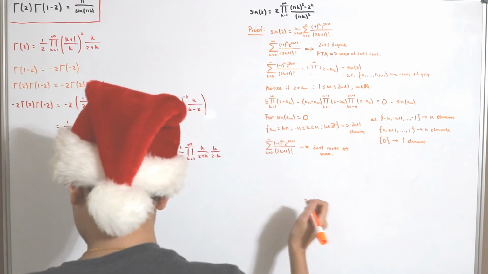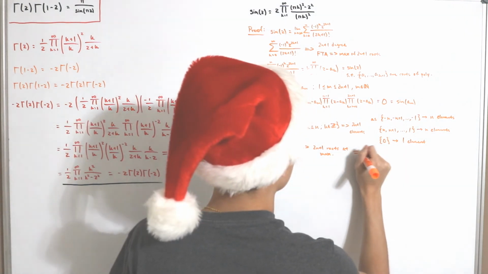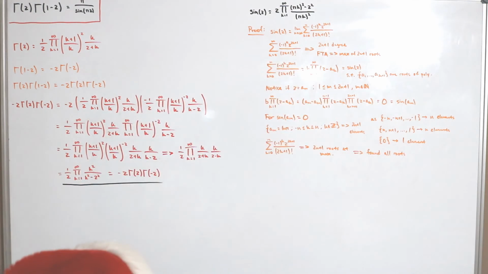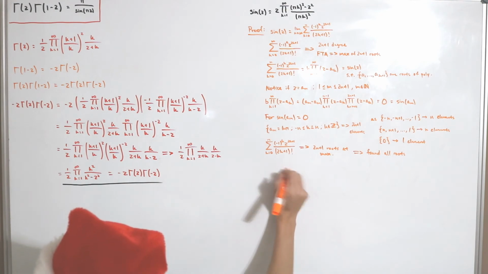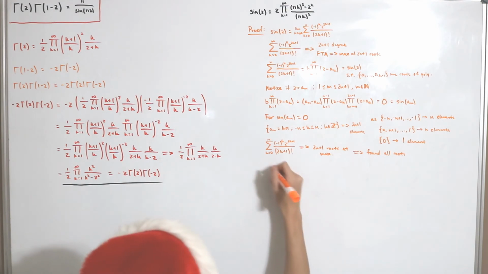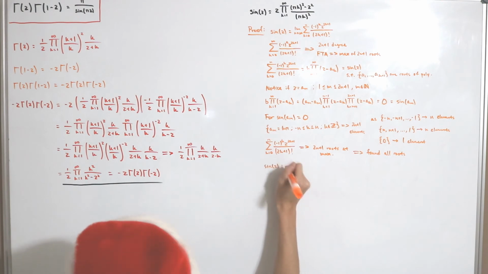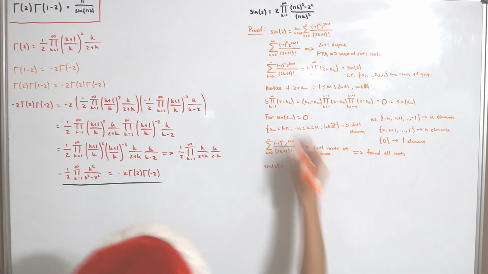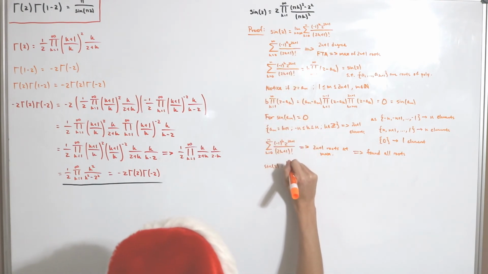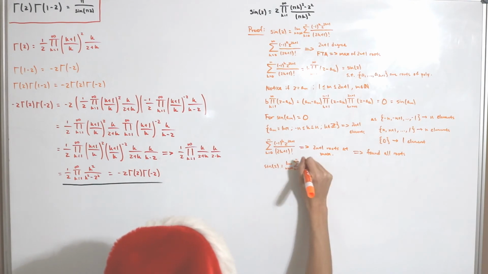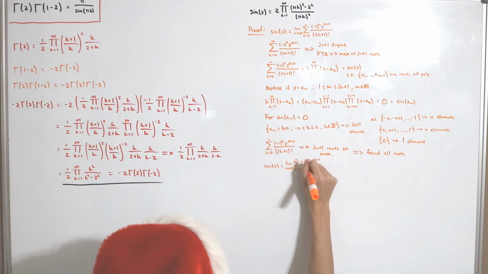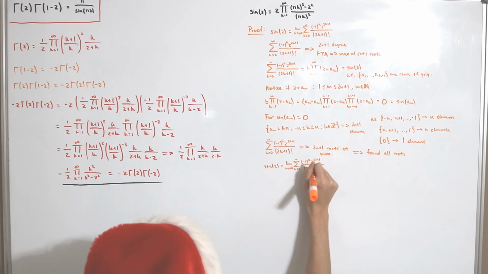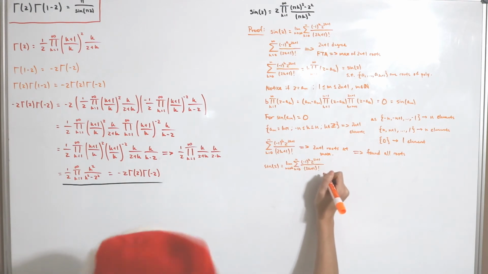And therefore, we found all our roots in conclusion. So now let's keep going, rewriting our sine of z. We said that sine of z is equal to, given our limit from the Taylor series expansion, the sum of (-1)^k z^(2k+1) divided by (2k+1) factorial.